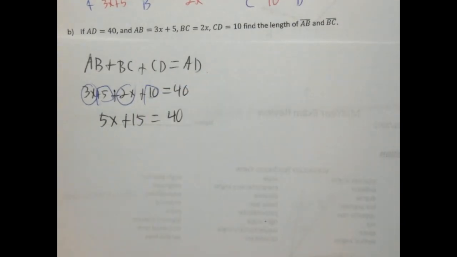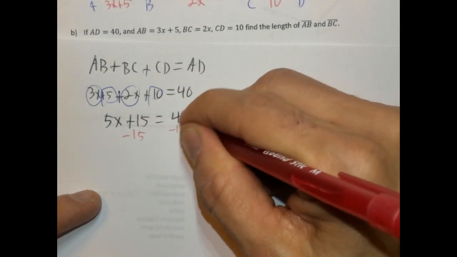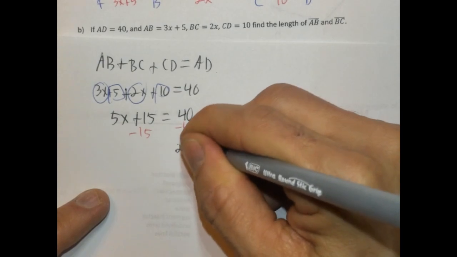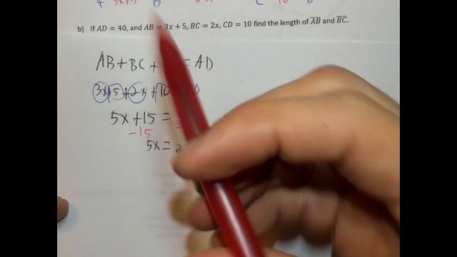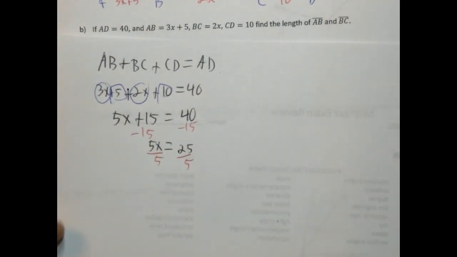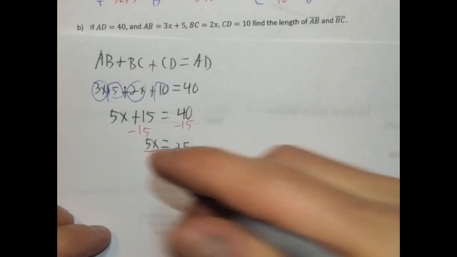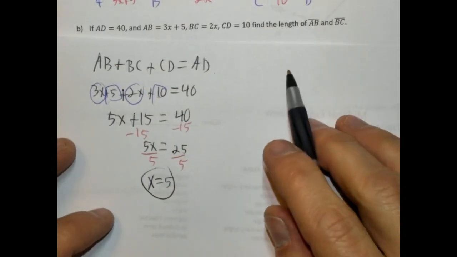And we're going to solve here, so we're going to subtract 15. 40 take away 15 is 25. And x equals 5. So we have x, now we can find the lengths they're asking us for.